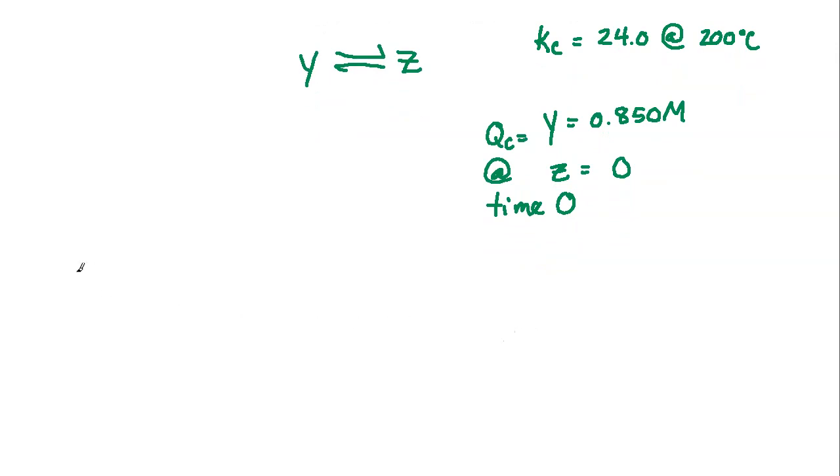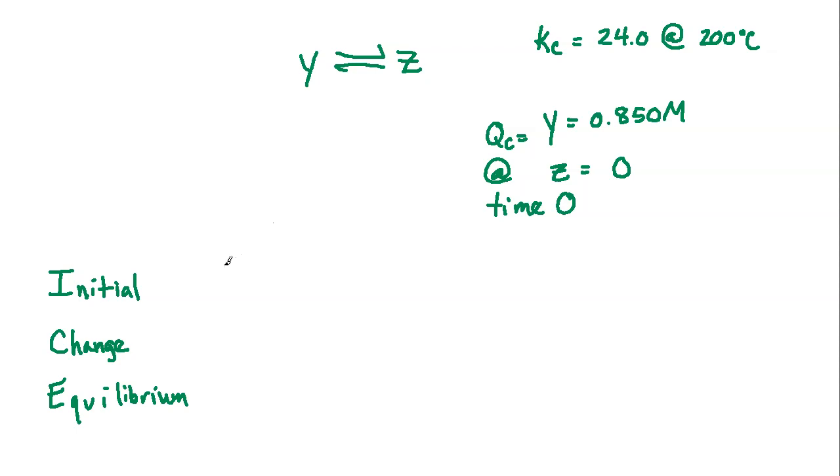So what we do is we set up something that's known as an ICE calculation. ICE is an abbreviation, and it stands for initial, meaning the initial concentrations that we're going to be working with, which were given in the problem, the change, and the change is always going to be a general change, and then the equilibrium. And we'll walk through this so that each individual part makes sense.